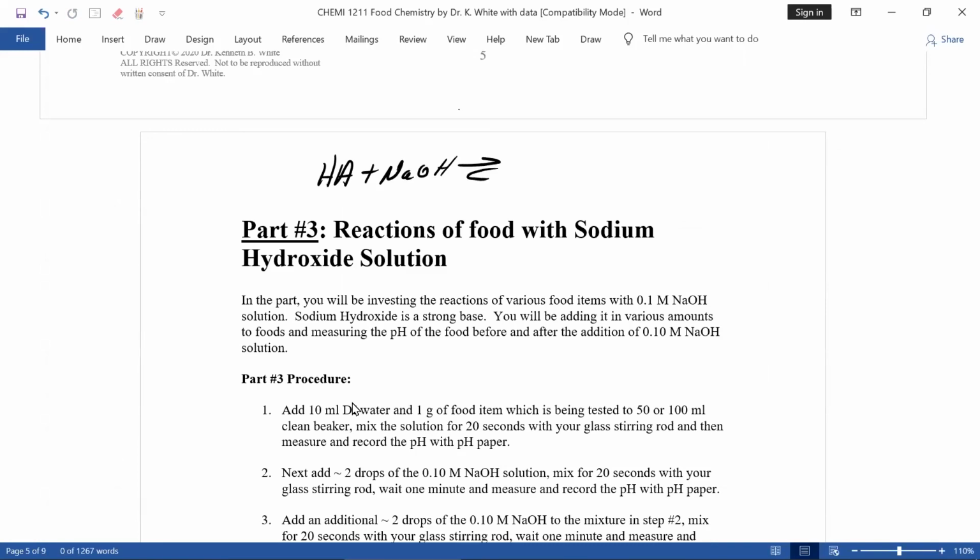And this is an equilibrium, but the equilibrium constant is so high, it's shifted to the right, and you'll get a salt plus water.